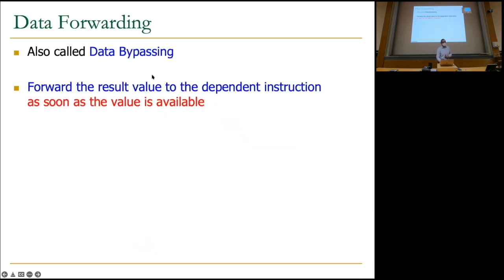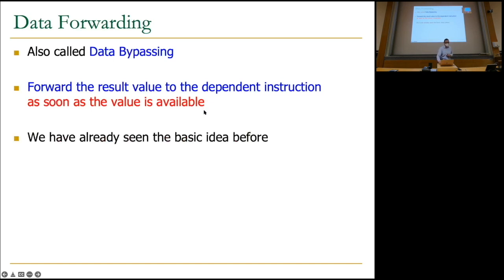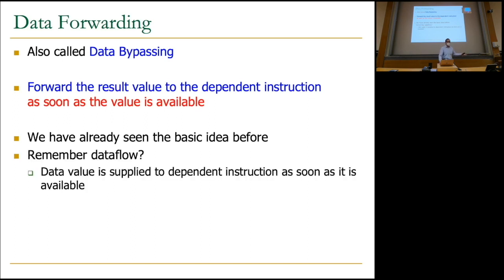Tomorrow, we will cover data forwarding. This is also called data bypassing. The idea is to forward the result value to the dependent instruction as soon as the value is available, if possible. We've already seen the basic idea before, just to jog your memory and let you think critically. Remember the data flow principles?